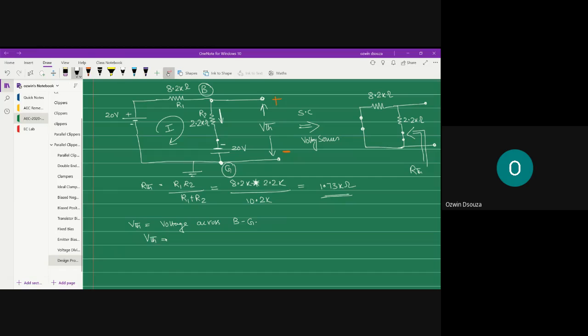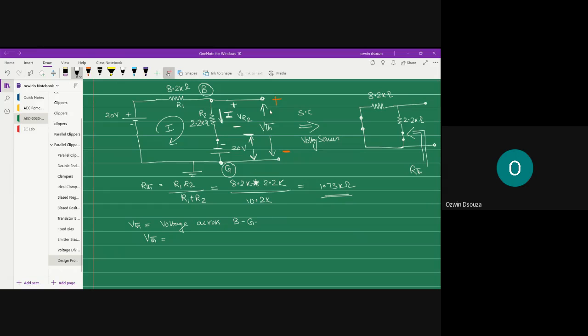Through this R2 current I flows, right? This current will produce a voltage drop across resistor R2 as shown. We shall call it VR2. That's your first potential, and the second potential is the battery voltage measured from the negative terminal to the positive terminal.